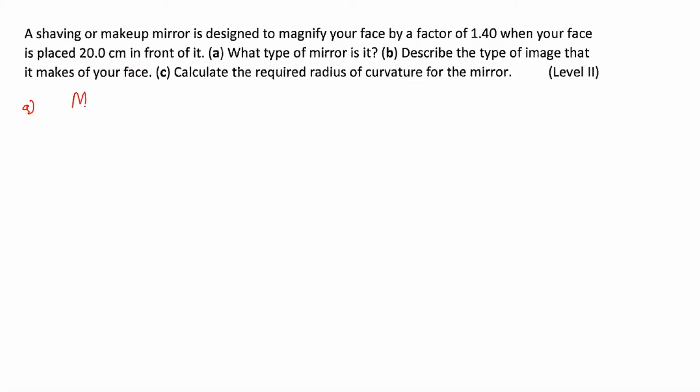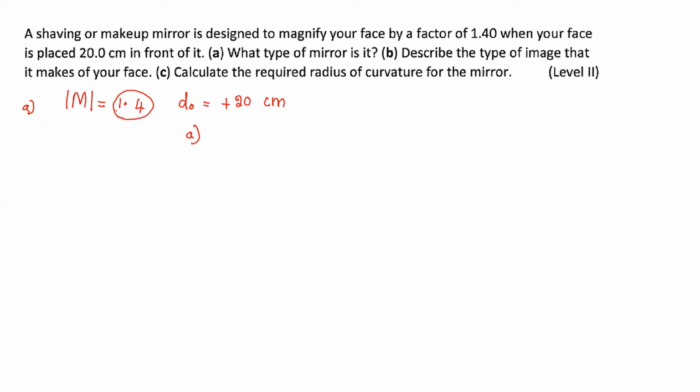So M is what? M is 1.4. They have just given us the factor, right? And they have given d naught is positive 20. So can you just look at it, without even doing it, and tell what type of mirror it is? This is greater than 1, 1.4.